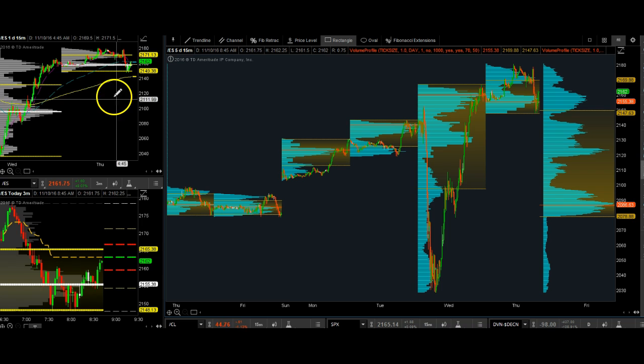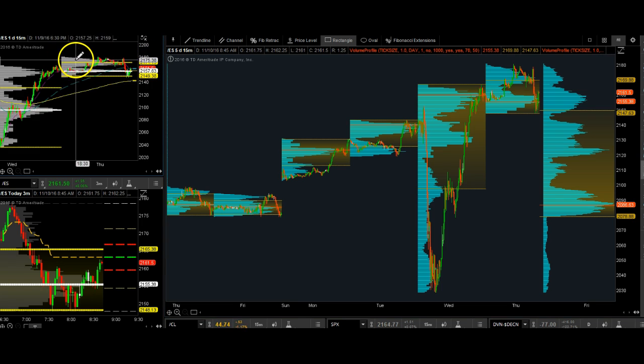That's very significant, okay? Now, right here, you can see this was all of yesterday's action. This was all of today's overnight action from the 5 p.m. close, New York time, okay? So these levels are going to be very significant.